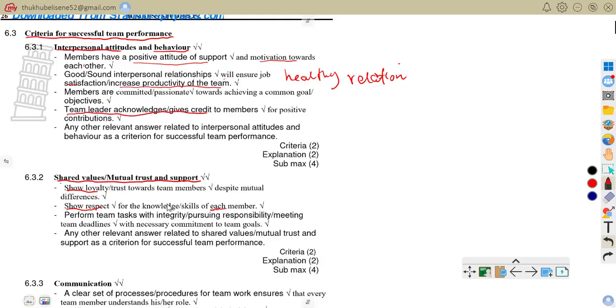So respect those who are more equipped with knowledge. Perform team tasks with integrity and operational responsibility, meeting team deadlines with necessary commitment to the team goals. So that is that. Now let us move on to another criterion.